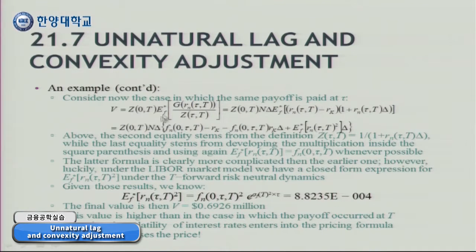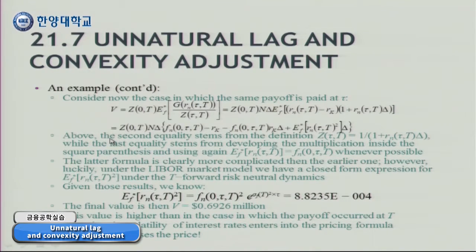So Z0T times the expected value is this one, so same, right? The expected value of this one is F, we know that, and then R, K, and this one multiplied by this one. So you have another K, and then we have an unknown term. Now we have to get the square of the R and T terms. We have a square now, but anyway, we can do that.